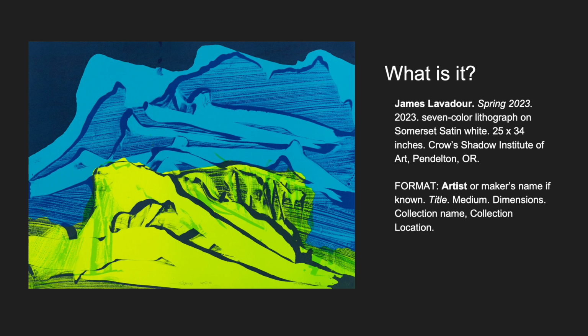But here we have the artist's name, James Lavadour, and the title in italics. We italicize titles of artworks like we do book titles or magazine titles. So we have Spring 2023, and we have the date of production, 2023. And then we have the medium, 7-color lithograph on Somerset satin white paper. So we have a pretty specific medium here.